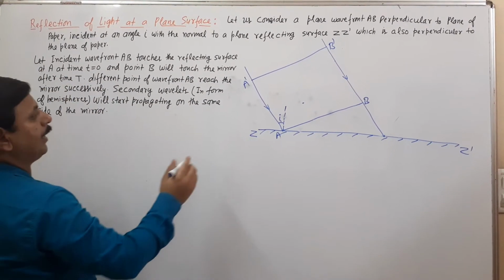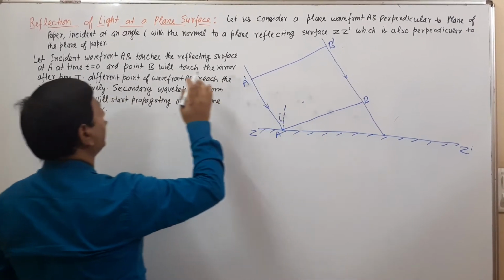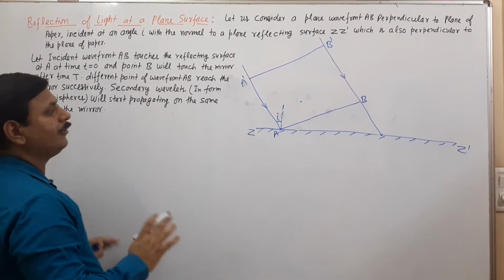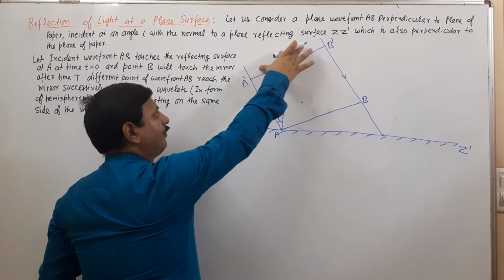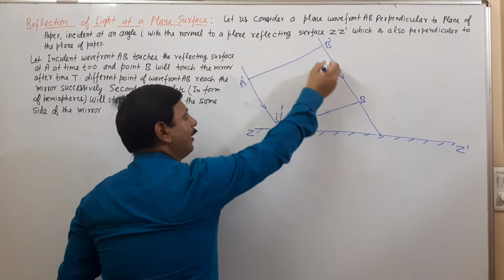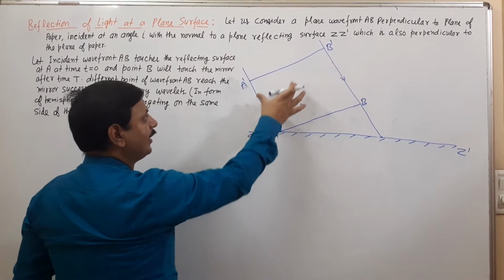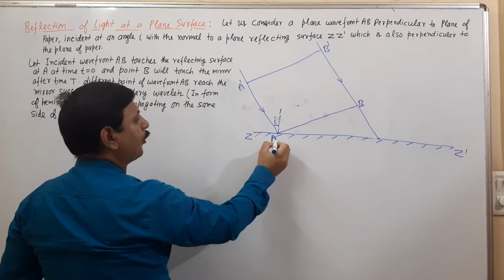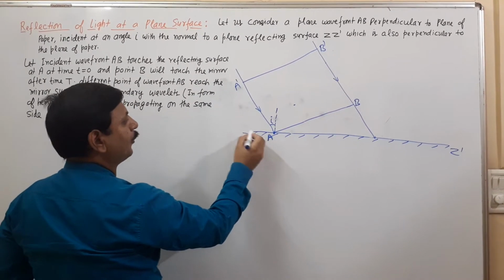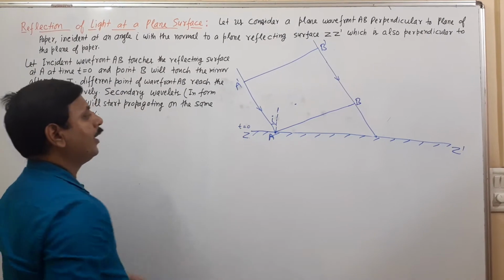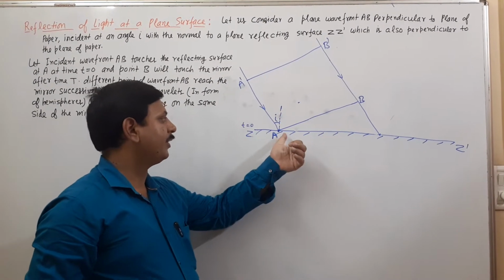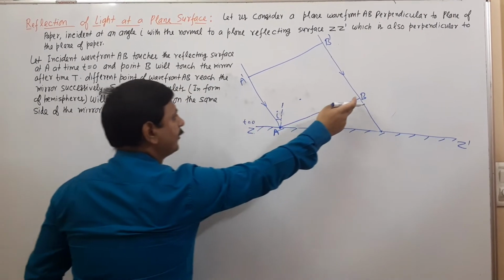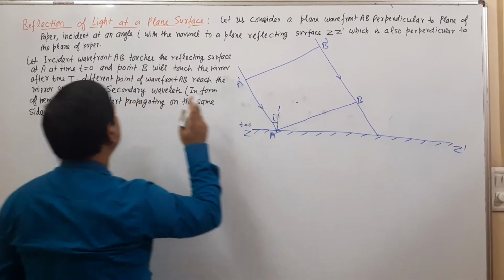Let the incident wavefront AB touch the reflecting surface at t equal to 0. So this plane wavefront is coming, and perpendicular to it will be the direction of ray. At t equal to 0, the plane wavefront touching point is A. And point B will touch the mirror at time t.